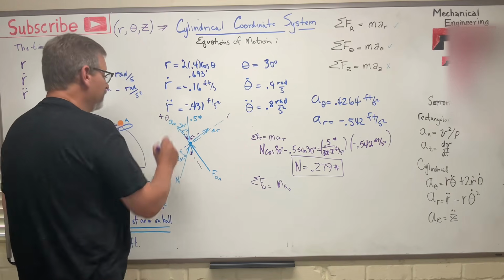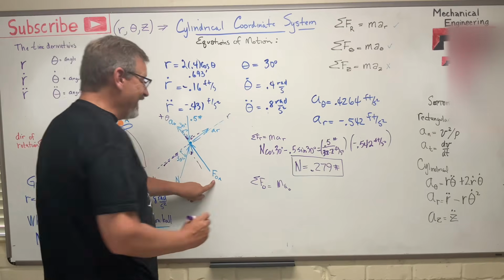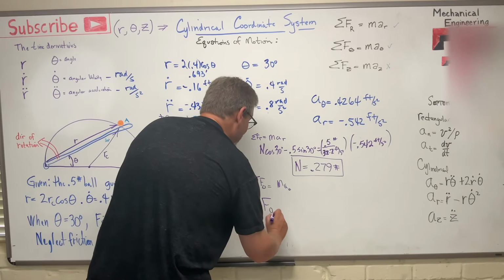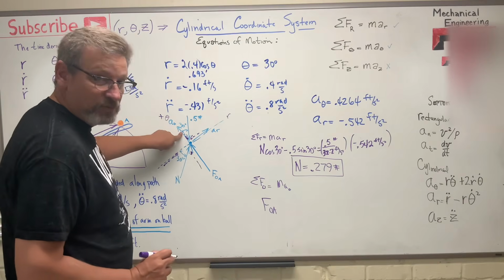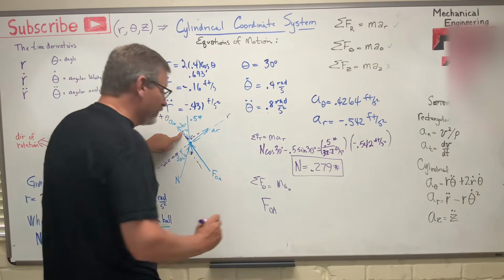This is positive. So I've got F_OA, that's what I'm looking for, and then I've got minus this little component right here, which is 0.5 cos 30.